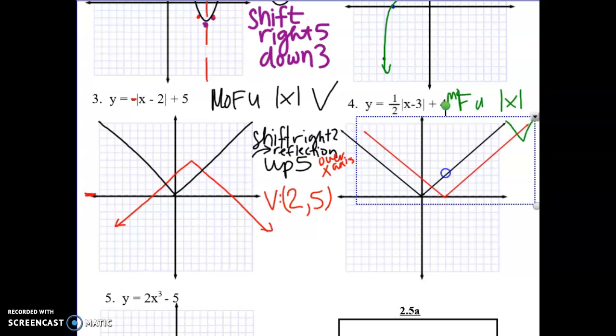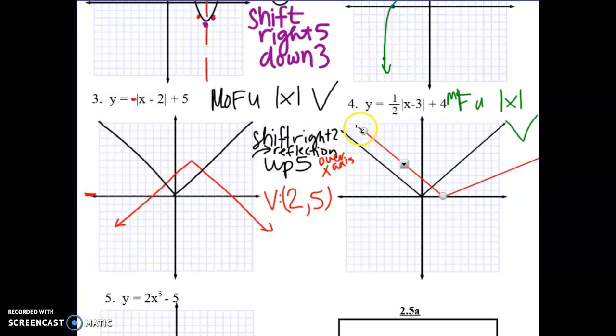And that is great. Now, something is going to happen next. Do you see that it's still up 1, right 1, up 1, right 1? But that's not what this new slope says, the 1/2. So instead of going up 1 over 1, it's actually going to go down so that it's up 1 over 2.